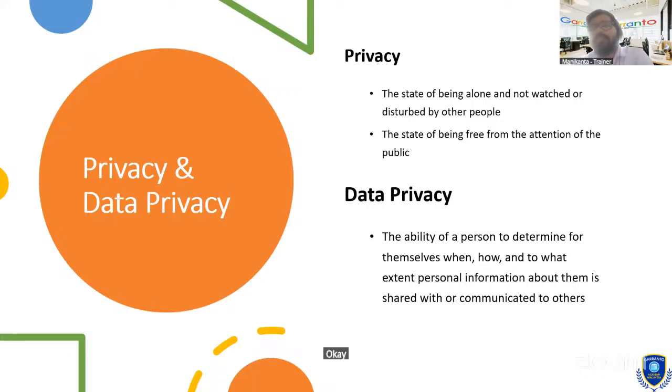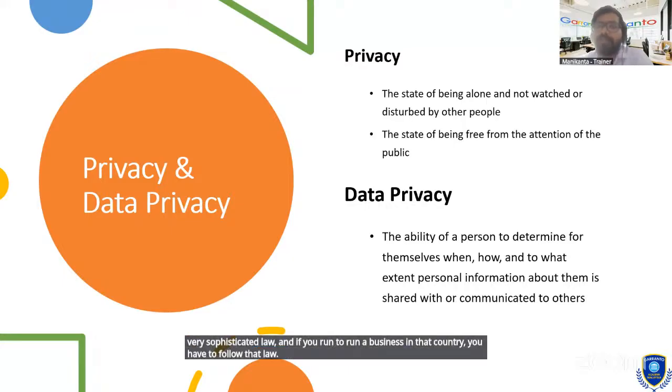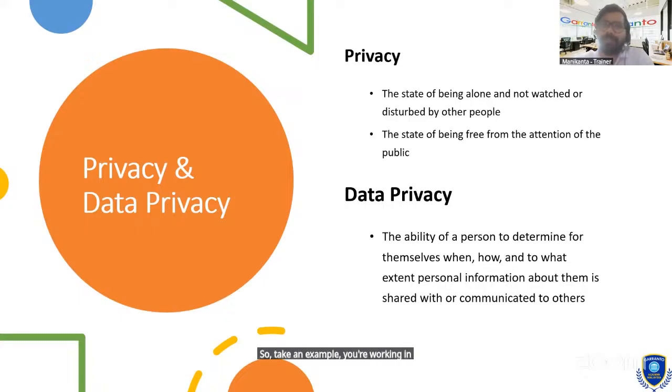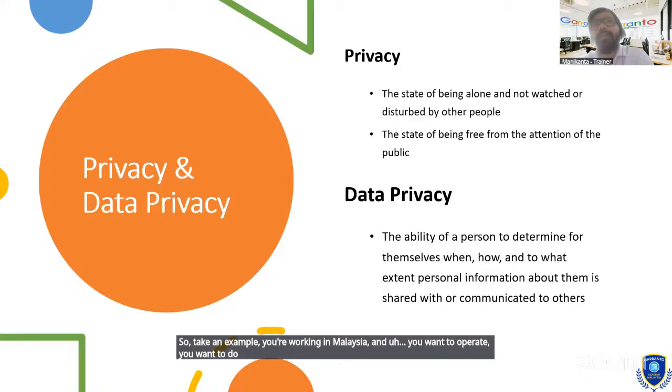Okay. So they create a very sophisticated law, and if you want to run a business in that country, you have to follow that law. Take an example: you are working in Malaysia and want to operate a retail business.